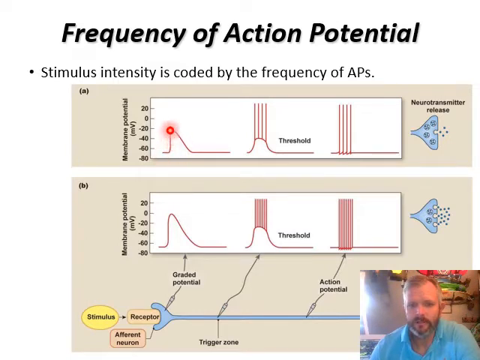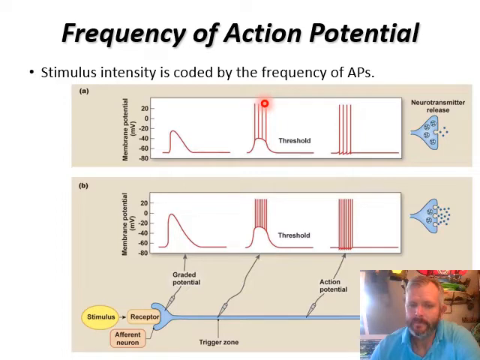This is reached well over threshold. You can see it's quite over threshold. Okay. Remember the action potentials. Each of these tick ups is an action potential. You can see the heights are the same. So the amplitude of the action potential, it goes all the way or none. Okay, all the way or none. But the height is the same.